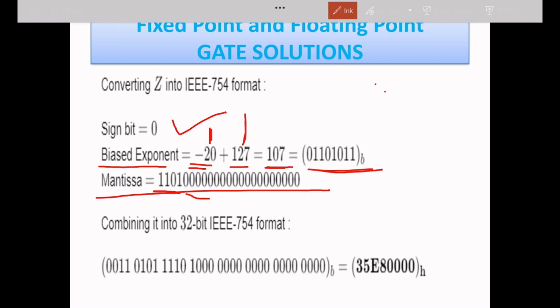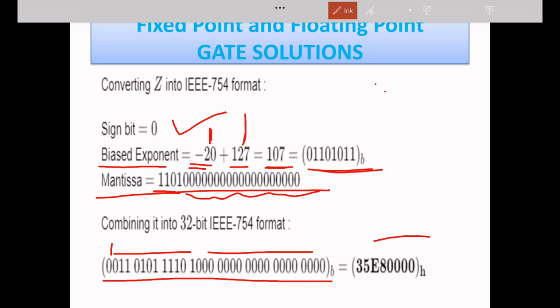After that I am adding extra zeros to make a total of 23, because the mantissa length is 23 bits. At last I will write everything here: the sign bit, exponent, then the mantissa, and then I will convert this to hexadecimal form. This is the final answer. If you understand only this question, you can solve any question in the world.